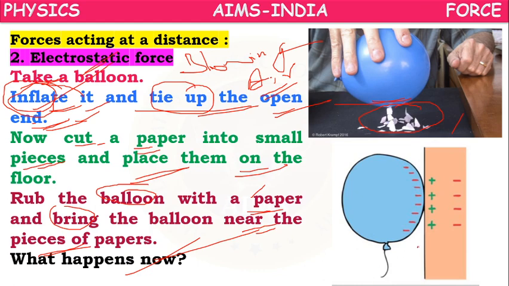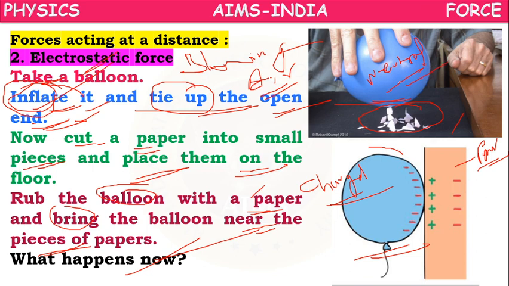When the balloon is rubbed with, suppose, a paper, after some time it gains some charge and it will become a charged body. Before rubbing it is a neutral body.